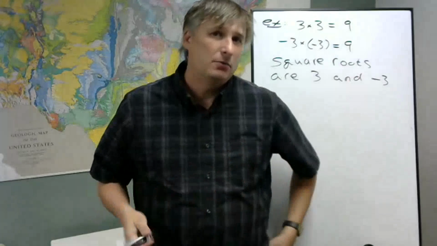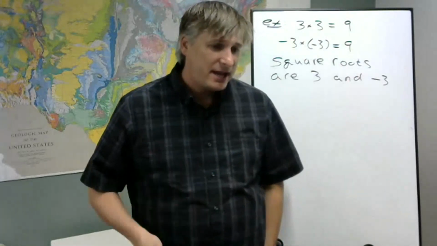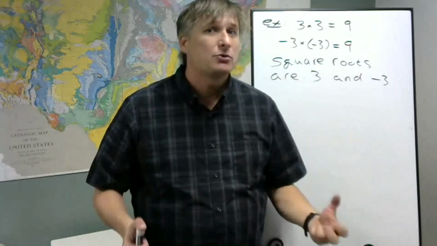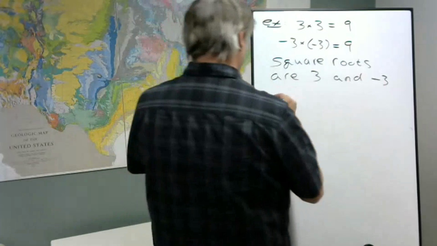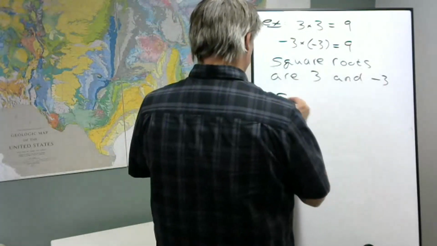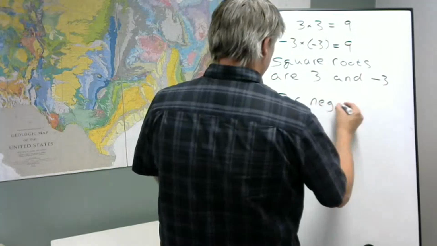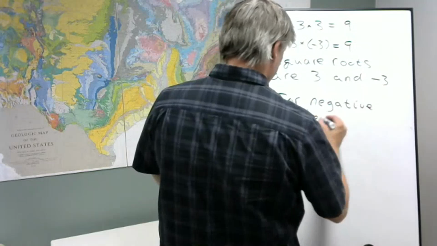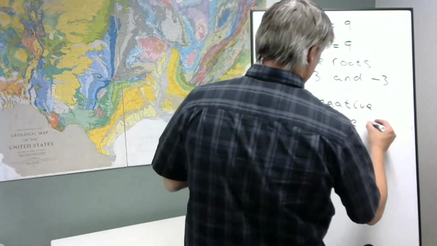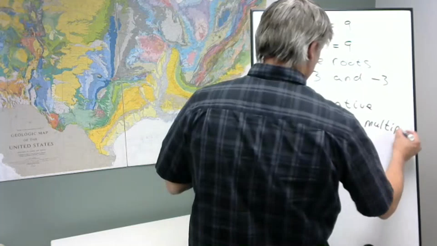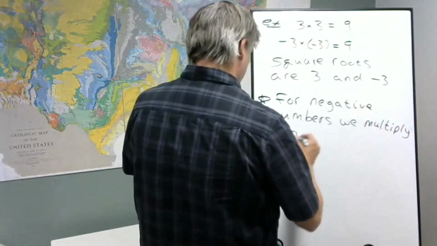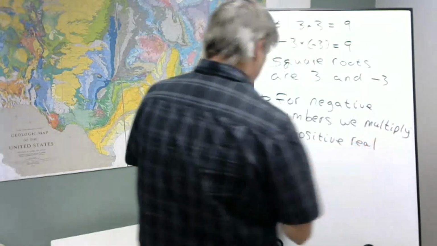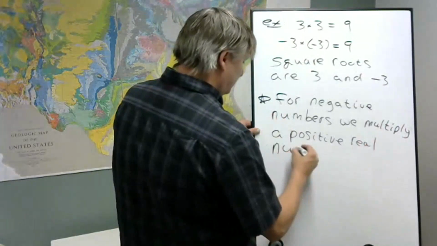Now, the problem here is, though, with negative numbers. Negative numbers you get from multiplying a positive and a negative. 2 different numbers. I'm being a little specific here using real number, and we'll find out why later.